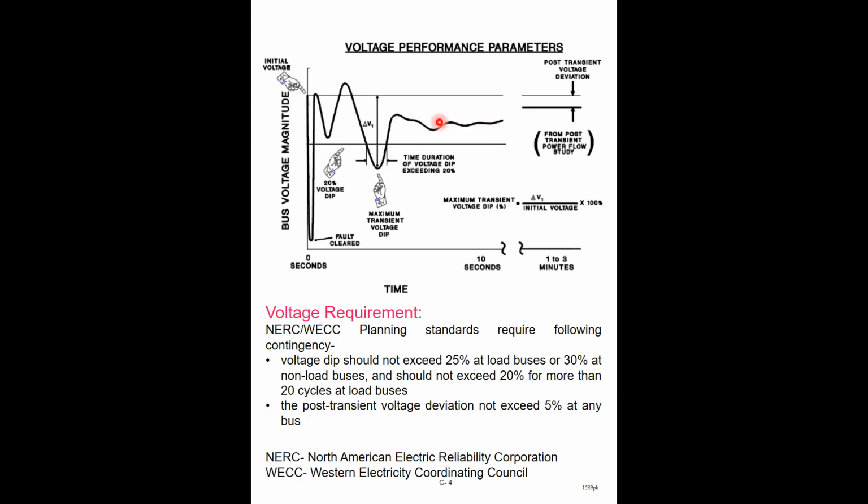It may not be exactly in a few seconds, but it will take some time to improve the voltage profile. So you can say the voltage improvement takes place after the disturbance in a few minutes.